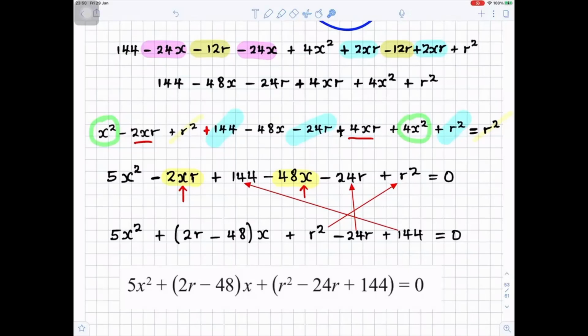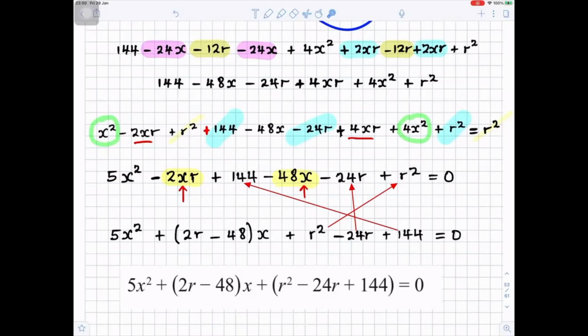Now, r squared on the left would cancel with r squared on the right. If you take plus r squared to the right, it becomes r squared minus r squared, which is 0. That disappears.